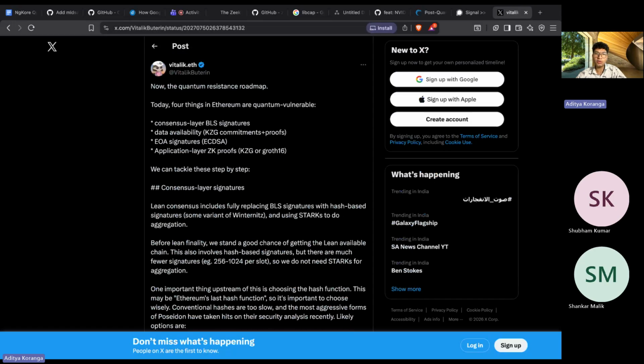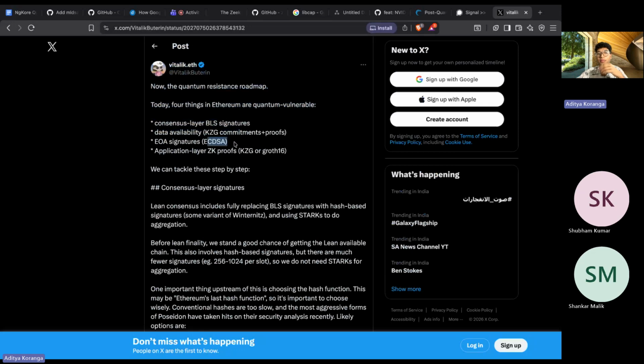And they were slow because on chain there was nothing very specific to signatures, but within the Ethereum ecosystem there are four things that utilize classical signatures or key exchange: the consensus layer BLS signature, some of the commitments, EOA signatures, and application layer zero knowledge proofs like KZG and Groth16. I only know about this one.